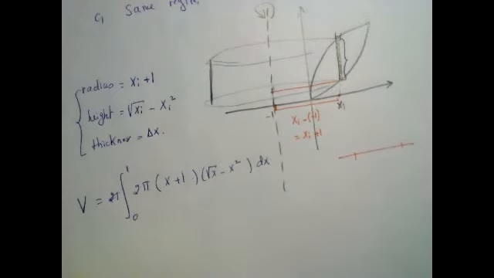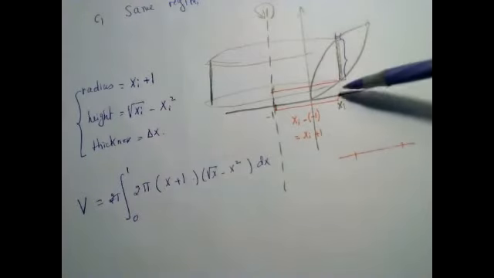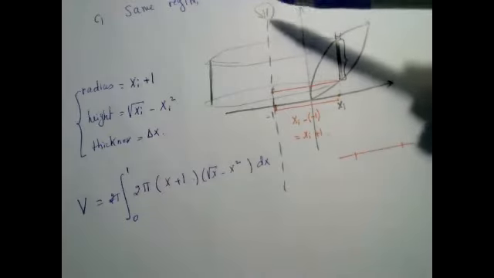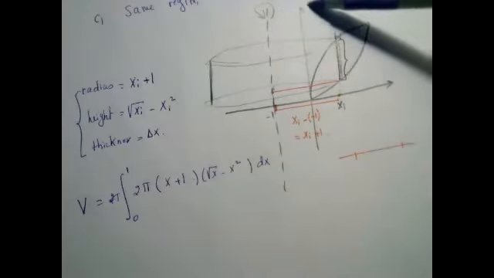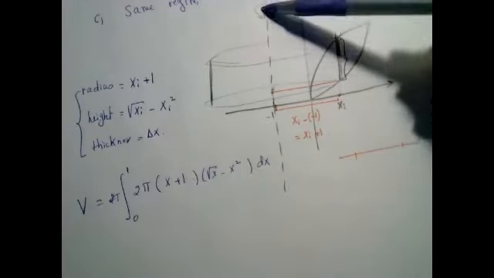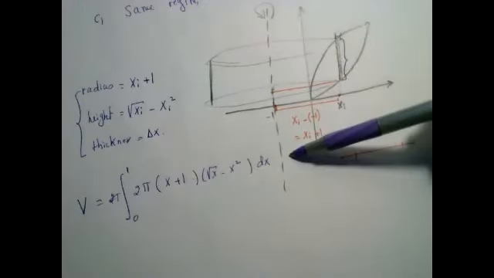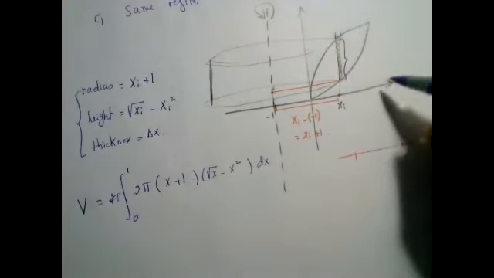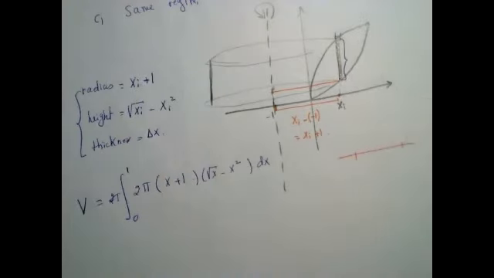Okay. So I'm going to do one more problem in the following way. We used the shell so far when we have rotation around the y-axis or a line parallel to the y-axis. We can also use the shell when we rotate around the x-axis.